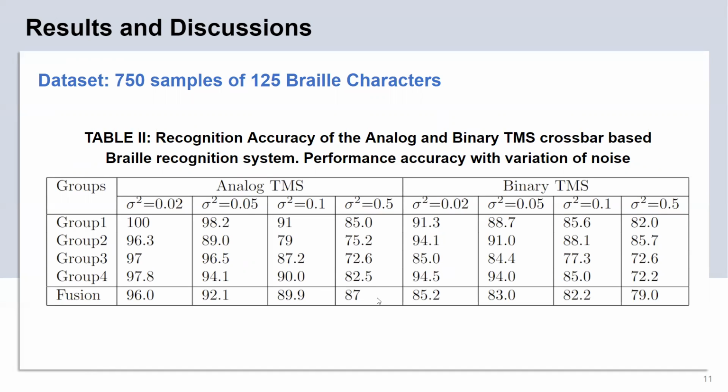We generated a data set of 750 samples of 125 Braille characters, and table 2 shows the recognition accuracy of the analog and binary TMS crossbar based Braille recognition system. The performance accuracy with variation of noise is shown in the table.